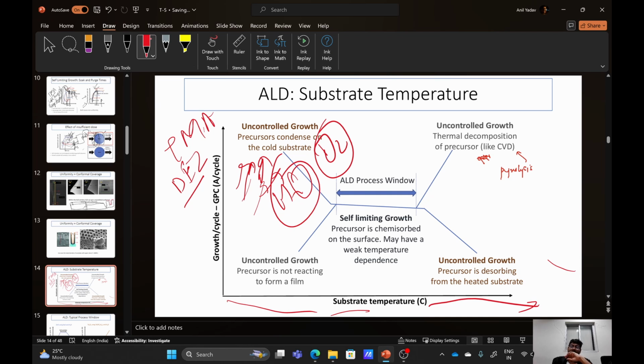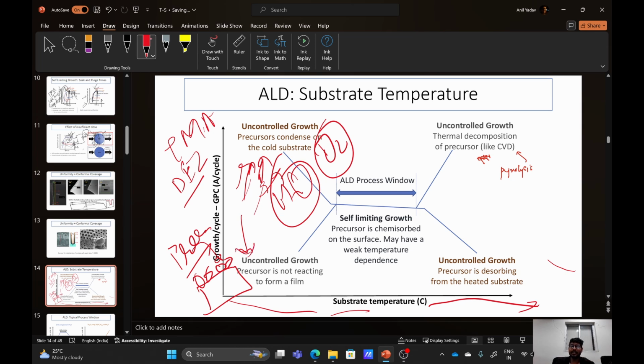Another thing is that there should be a reaction of the precursor with the substrate. If the precursor is not reacting with the substrate, there will be undergrowth, because a very small amount of precursor is reacting with the substrate, and non-uniform growth will happen, with some kind of islands.